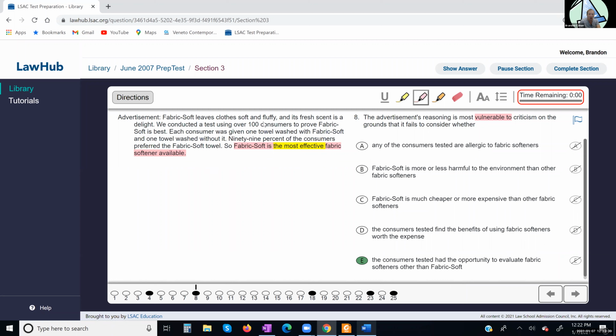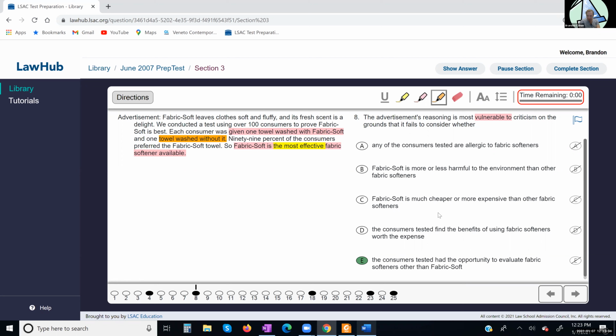In the comparison, all we know about is they were given one towel washed with Fabric Soft versus one without it. So we're like, okay, Fabric Soft versus no softener is good, but we can't say that it's better than any other. So this has to do with how they're doing their comparison. They're comparing Fabric Soft to nothing as opposed to Fabric Soft versus all other fabric softeners, which is what the conclusion's about.